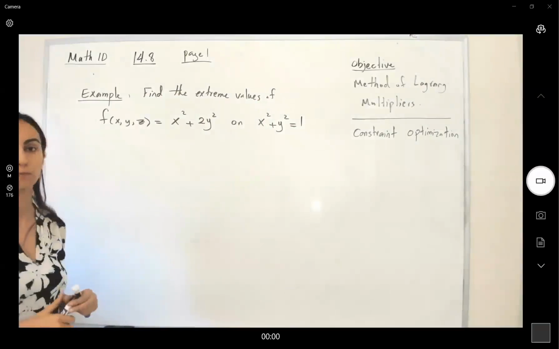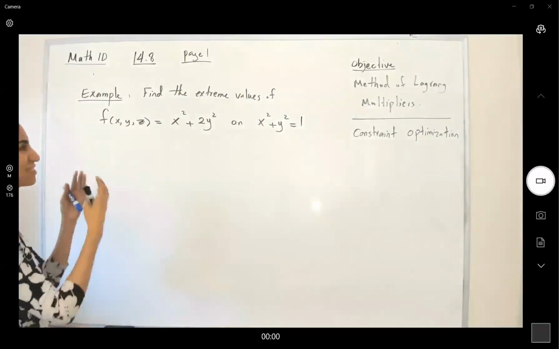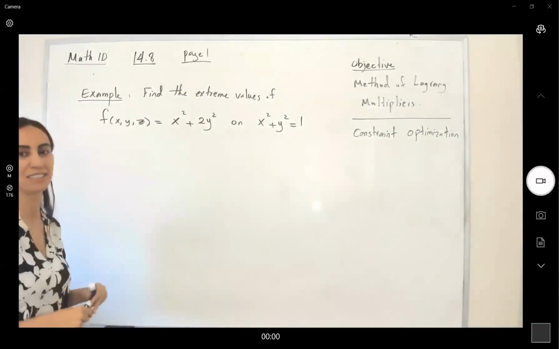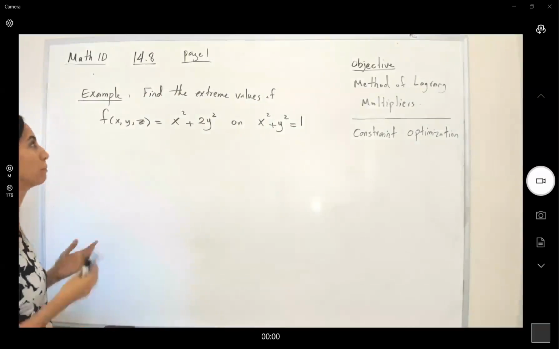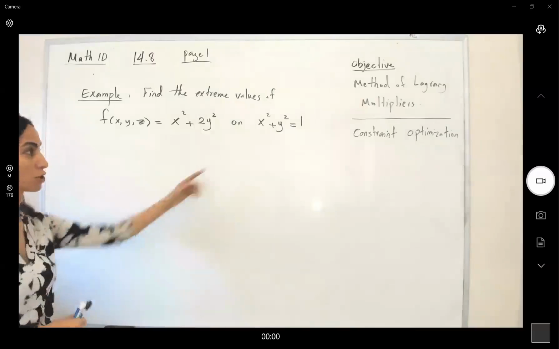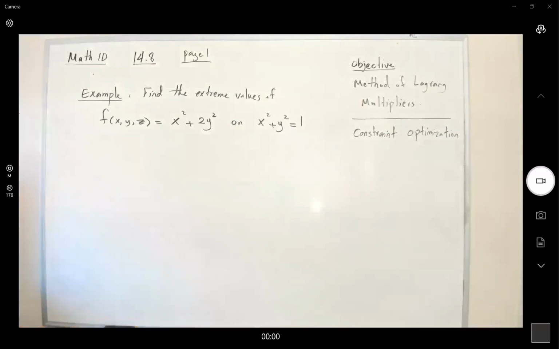Very well. How do we find the extreme values, or the maximum and minimum, of the function constrained to the circle?